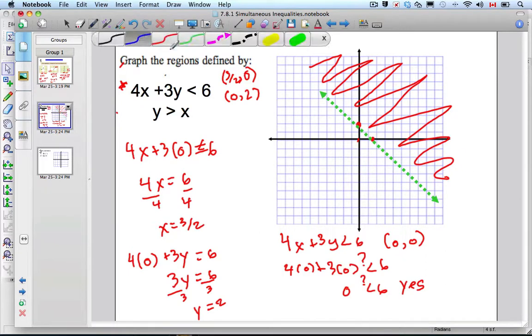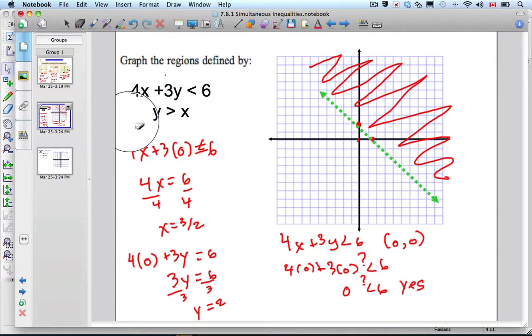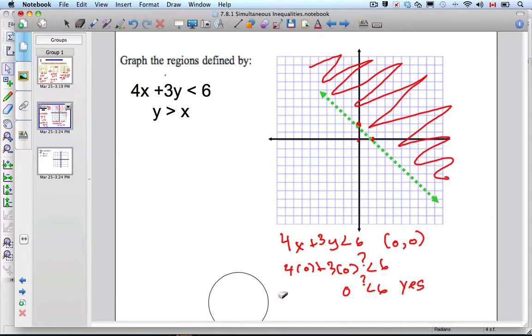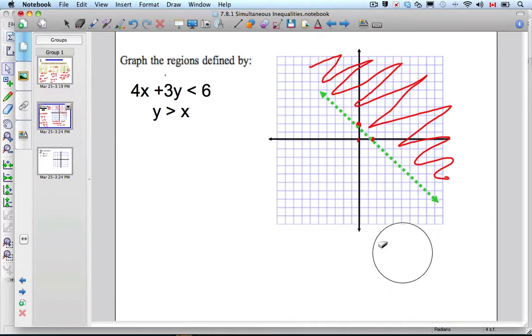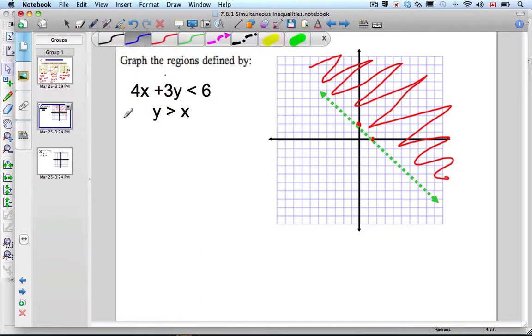All right. So I'm going to clear up a little bit so I can have a little more space here. Because now we have a new equation. We've got y is bigger than x. When we look at that, that's in slope-intercept form.